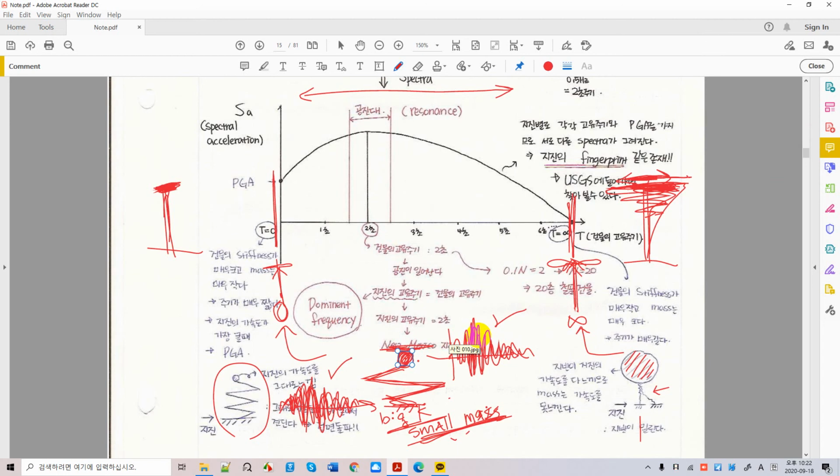Since we are interested in the maximum value of seismic motions, whatever they are, accelerations, velocities, or displacements, we don't care which. Let me change the color if I can.